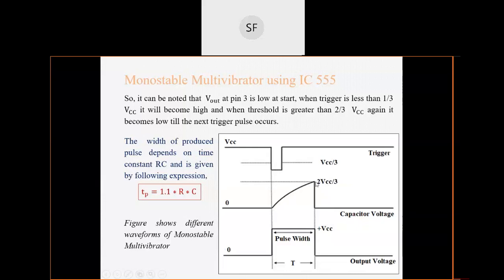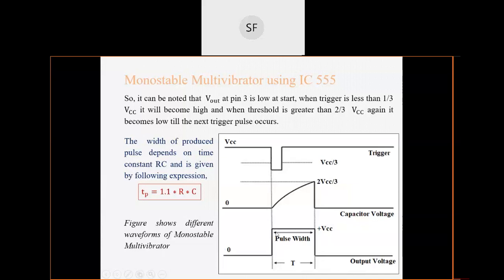And at this moment what will happen? The state, your output state will again change. तो पहले change कहाँ हुआ था state? At the application of this trigger. You can observe here. यहाँ पे देखो है ना, जब आपने VCC by 3 से आपका ट्रिगर इनपुट कम गया था तब चेंज स्टेट हुई थी, स्टेट चेंज हुआ था.